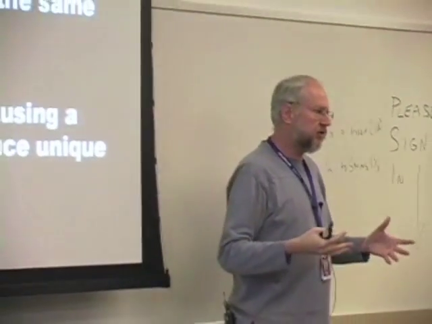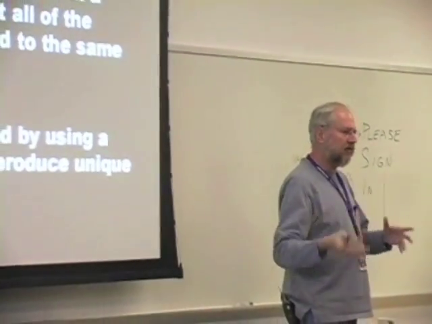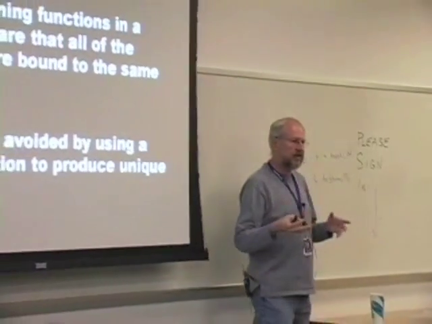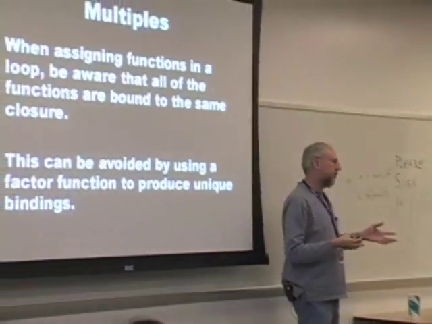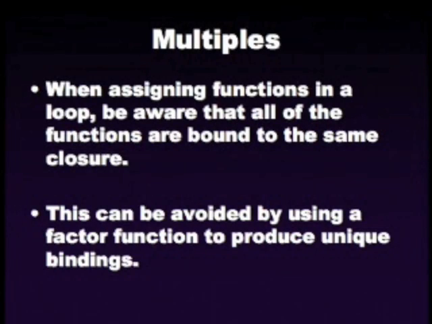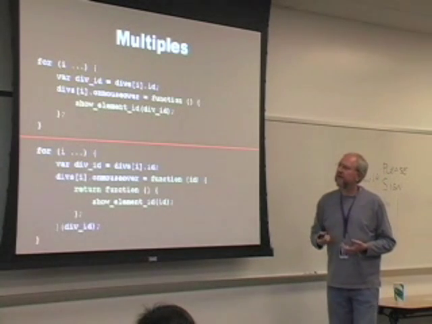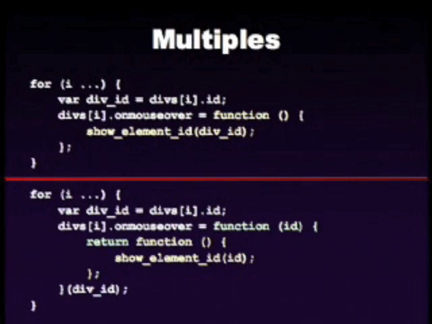Suppose we've got a loop in which we've got a number of objects that we're going to be assigning functions to. For example, assigning event handlers to divs in a browser application. If we're not aware of how closure works, we can cause strange bindings to happen on those functions, and they won't resolve the way that we would like. This was an example that was on Develop Front End last year.